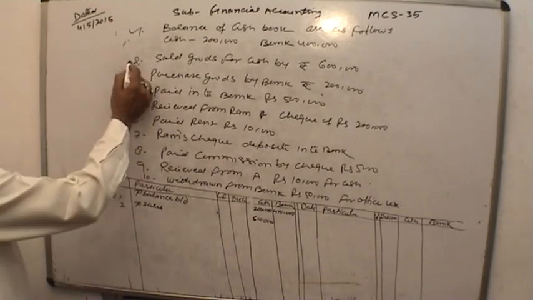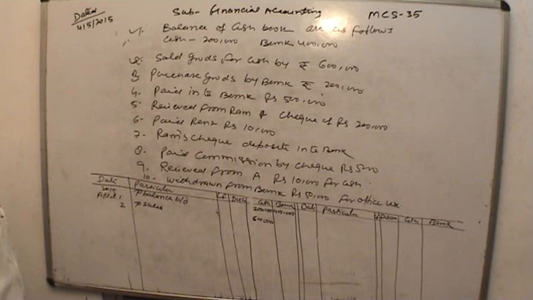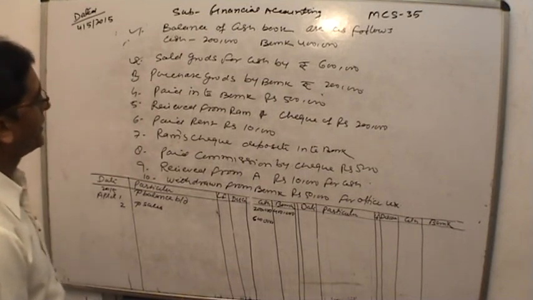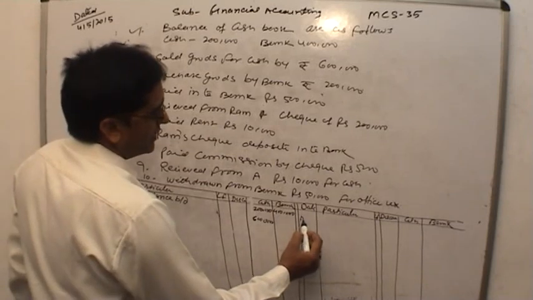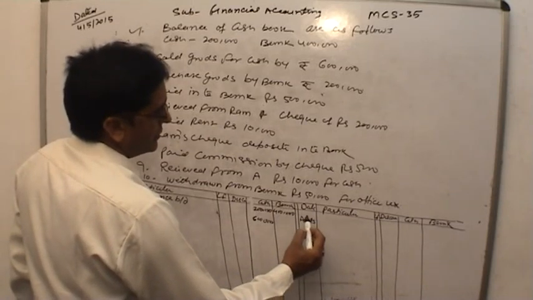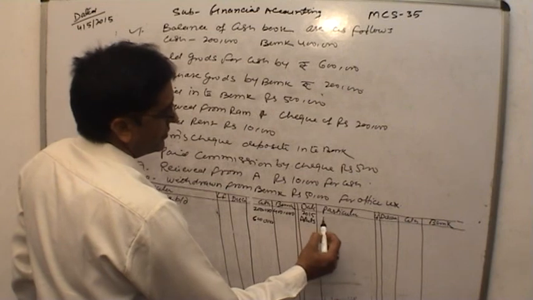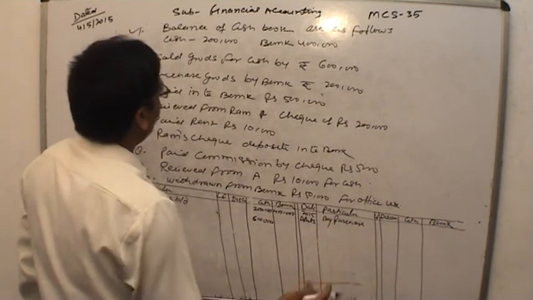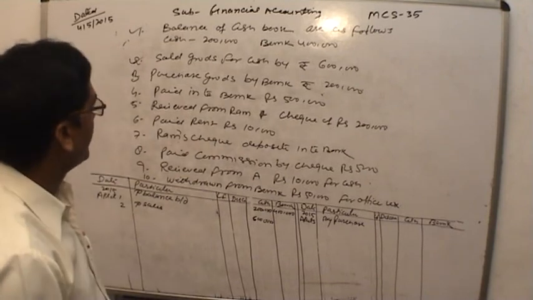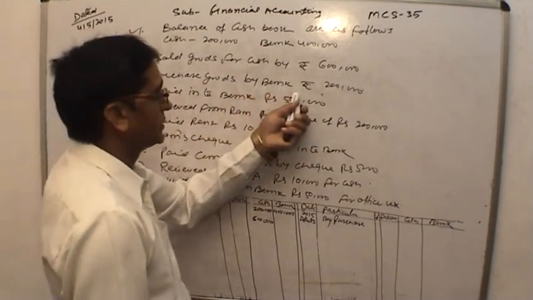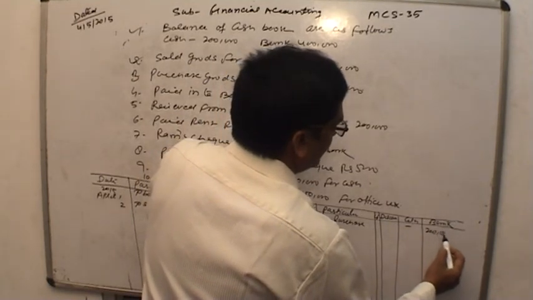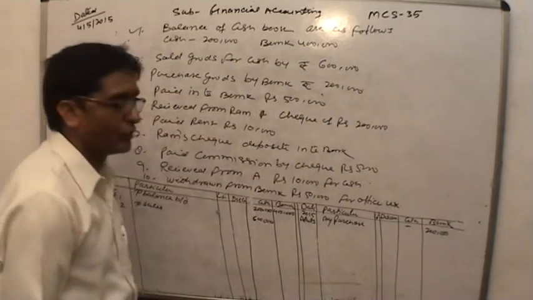Then the third one, purchase goods by bank rupees 2 lakh, a transaction on April 3rd, 2015, by purchase, bank 2 lakh. So nothing in the cash column, all amount is entered into the bank column.